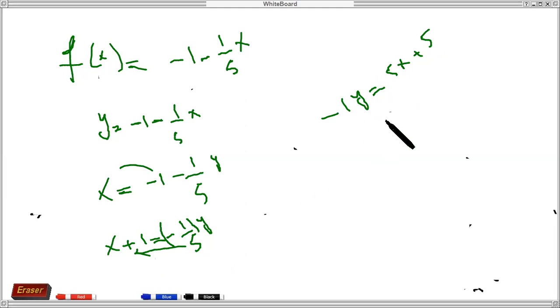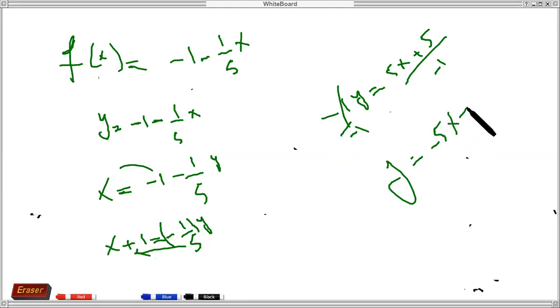Then we have minus 1. So if you divide both sides by minus 1, these two cancel. y is equal to what? Multiplying the minus with both, y is equal to minus 5x minus 5. Correct? So this is the inverse function.